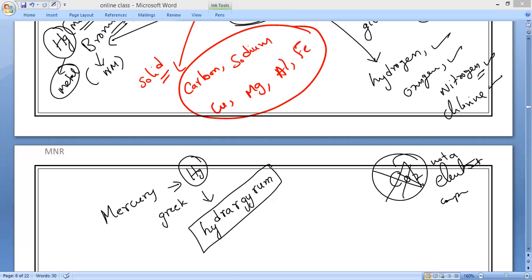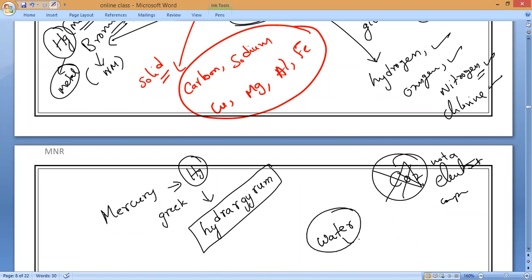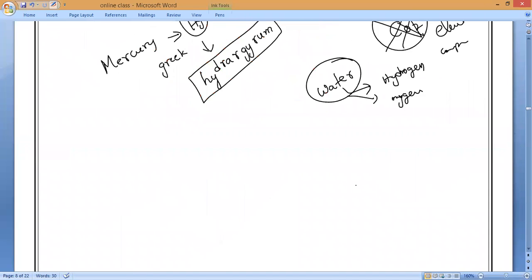Now you can see most of the materials around us are made up of the combination of two or more elements. All of you should remember. For example, water is made up of two elements. What is that, guys? Hydrogen and oxygen. Now, in our home, you are eating sugar.